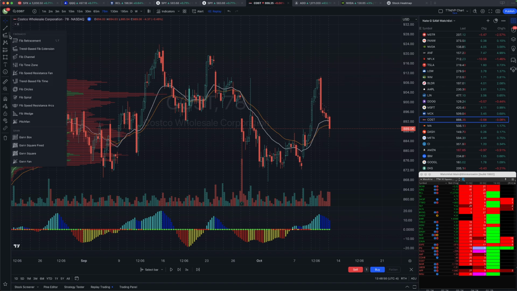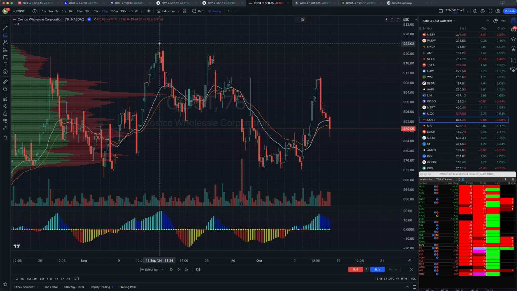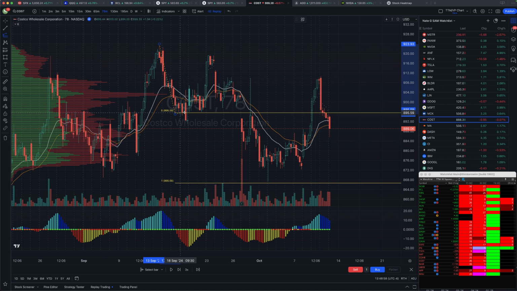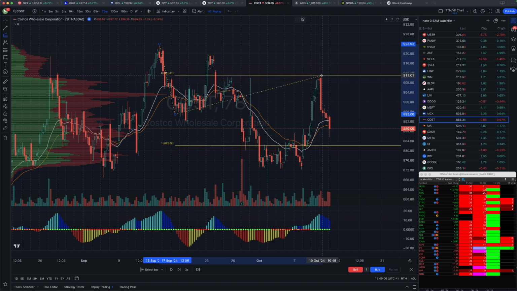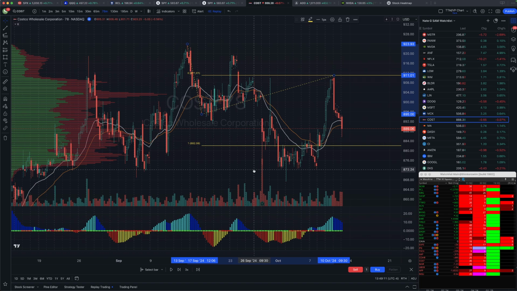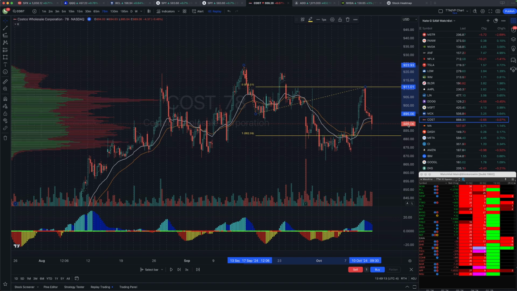But you could also use this trend-based fib extension, and you measure high to low of the initial move, and then you come over and you put your cursor at the high of the previous move, and you say, okay, well, that could be a bounce area. Let's see if there's some other ones that could possibly be a retracement move.